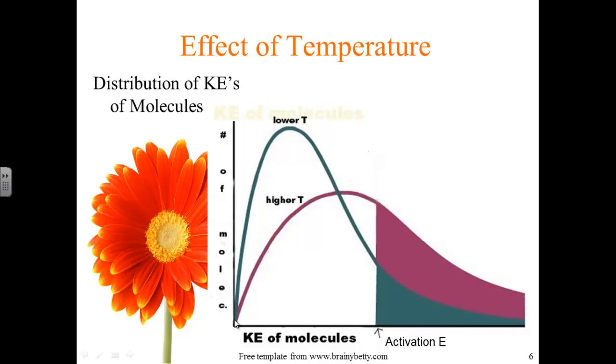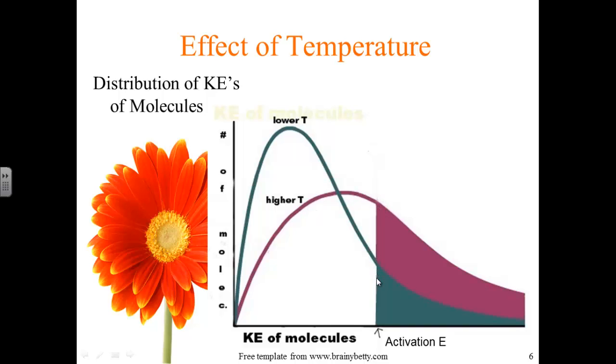We have two separate temperatures for the same reaction on this curve. Just like you did with your iodine clock lab, we can run reactions at different temperatures, and each temperature would give us a different graph. So we have one that was run at a lower temperature and one that was run at a higher temperature.